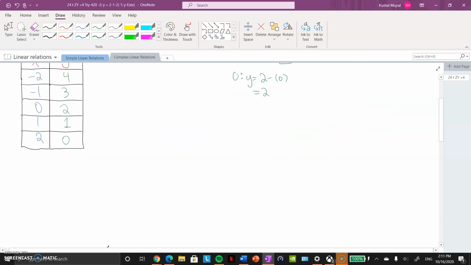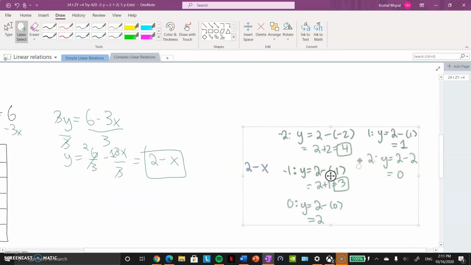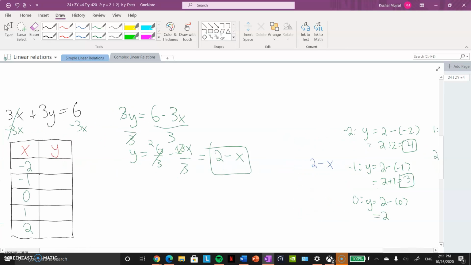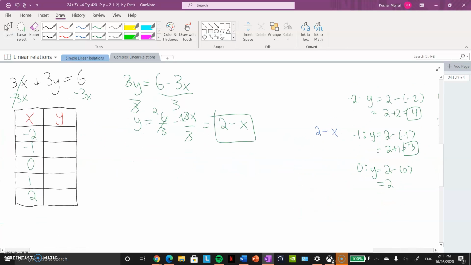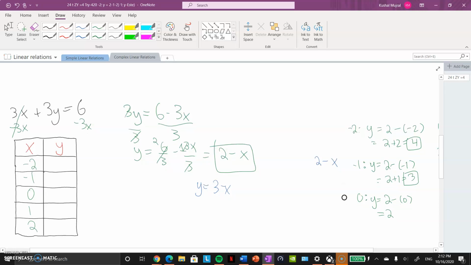Let's copy it and I'll paste it here. Right now you don't have to do all the work because these questions are the same, but say it was y equals 3 minus x, then you'd have to do the whole thing again. We'll just skip this question for now because it's the exact same as the first one.